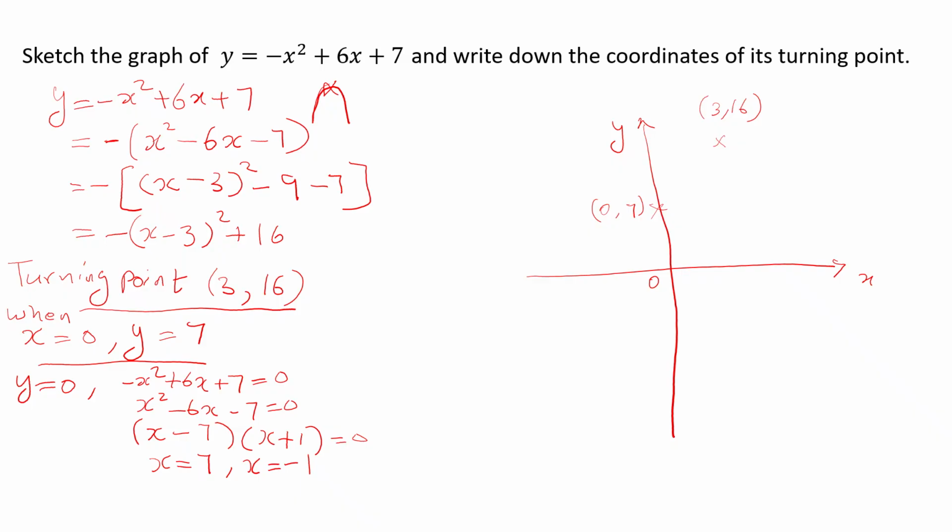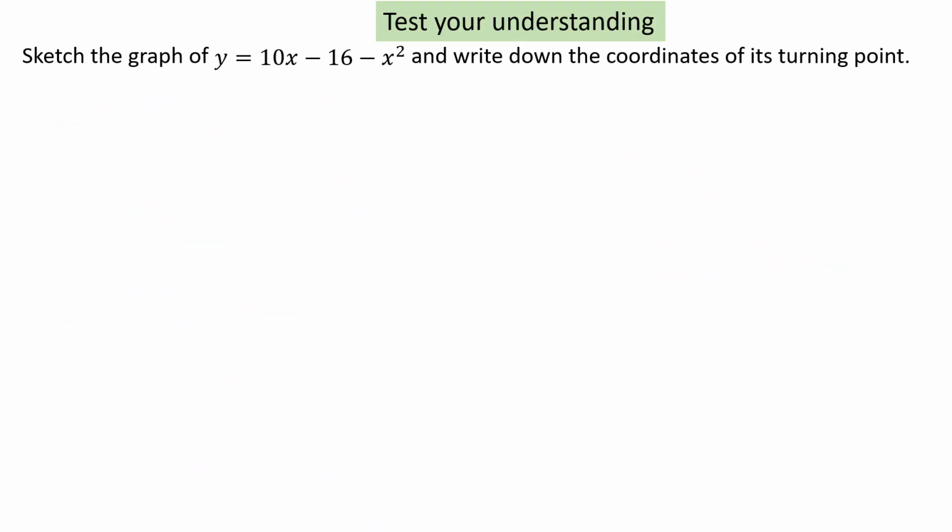When y equals 0, the x values are negative 1 and positive 7. Now I'm going to draw the graph. The turning point is a maximum point. Pause this video and try it yourself.